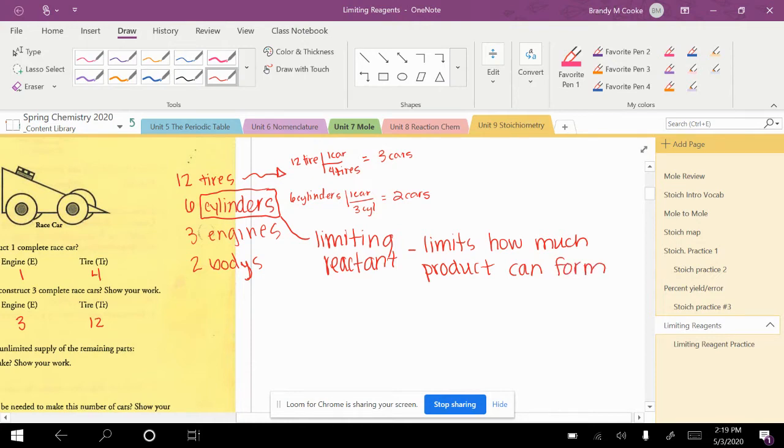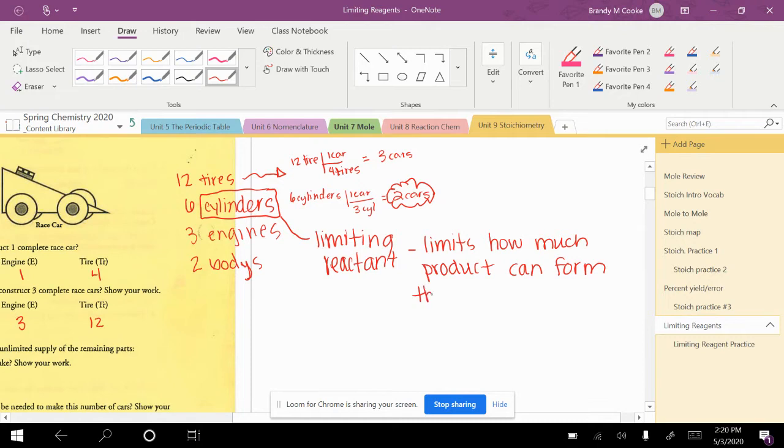When we do these calculations here, we kind of did a stoich calculation where we did 12 tires, one car equals four tires. We did the math. When we do the calculations, it's always whoever makes the lowest number. So the cylinders made two cars, so that's my lower number. That means the cylinders are my limiting reactant.